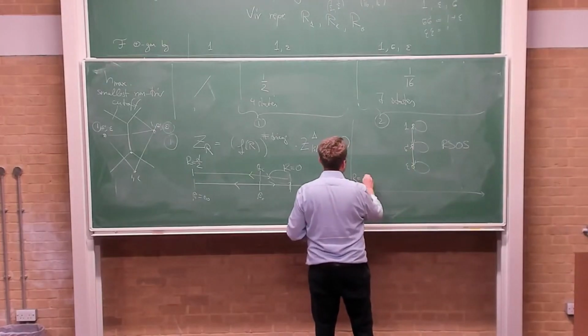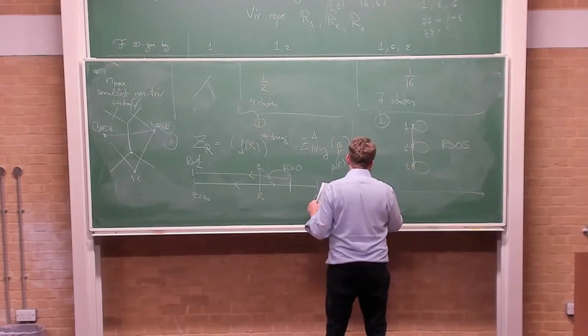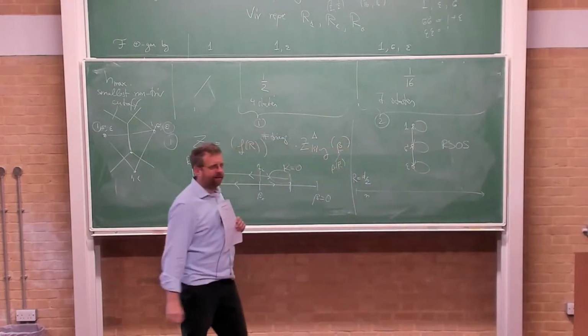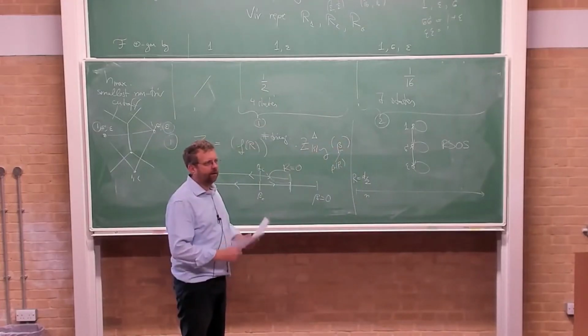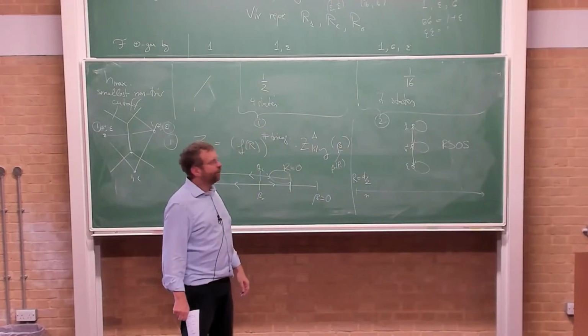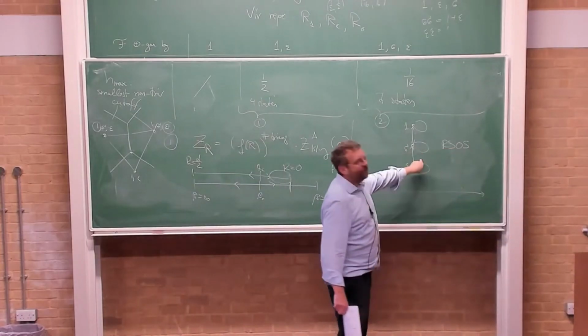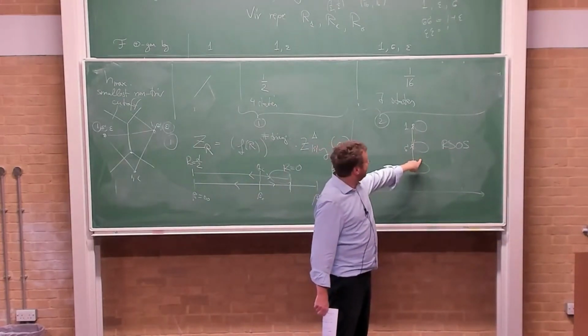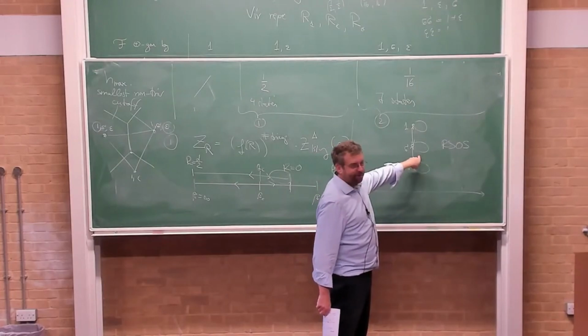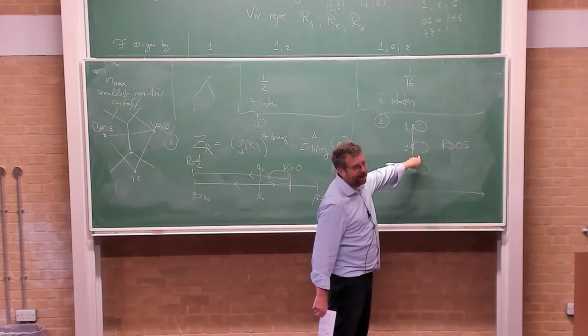So again R is d over 2. Then, here's the thing, which you can shout at me about later. I did not find somebody who told me where the critical points are for the RSOS model on the triangular lattice.